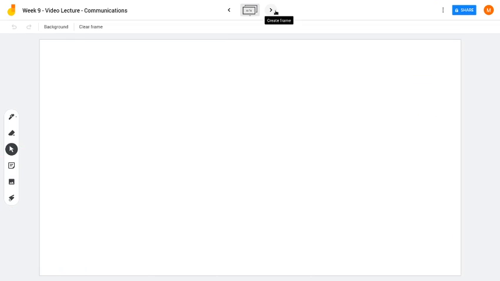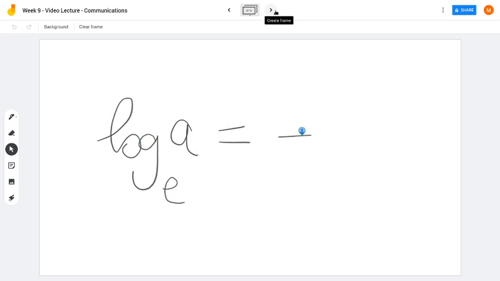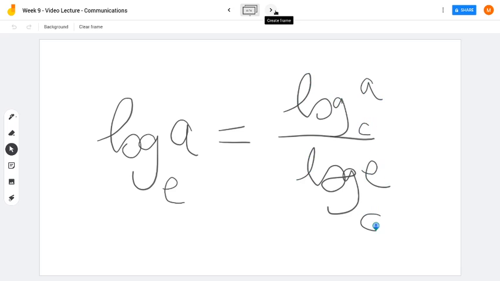We have learned in mathematics that log a to the base c is equal to log a to the base e over log c to the base e. So we're simply saying here, if your calculator calculates log to the base 10, then log a to the base c would be simply log a to the base 10 over log c to the base 10.